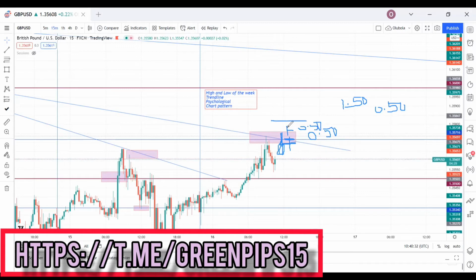When it pushes up again, it has not eaten my stop loss. Remember, it has not eaten my stop loss. When it pushes up again and I see another weak rejection, I come in with 0.50 again, which means I've used my 1% that I want to risk. Did you get it now?